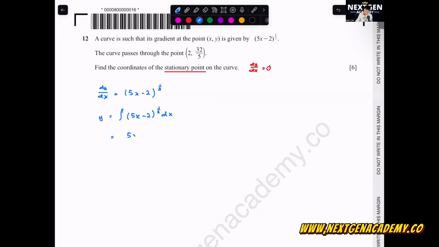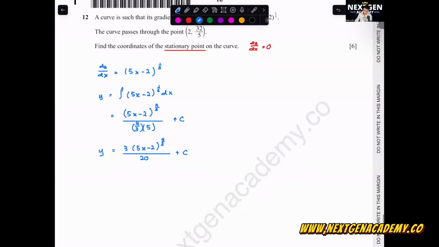This will be (5x minus 2) to the power of 4 over 3, over 4 over 3 times 5, plus c. We simplify this. This will be 3 times (5x minus 2) to the power of 4 over 3, over 4 times 5 which is 20, plus c. This is the y value in terms of c.